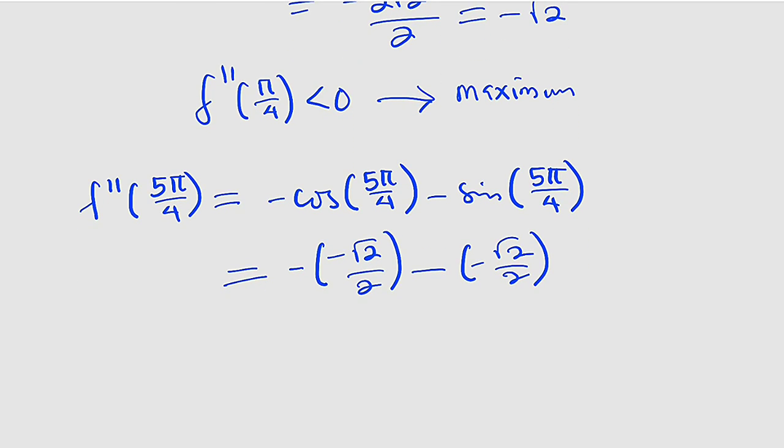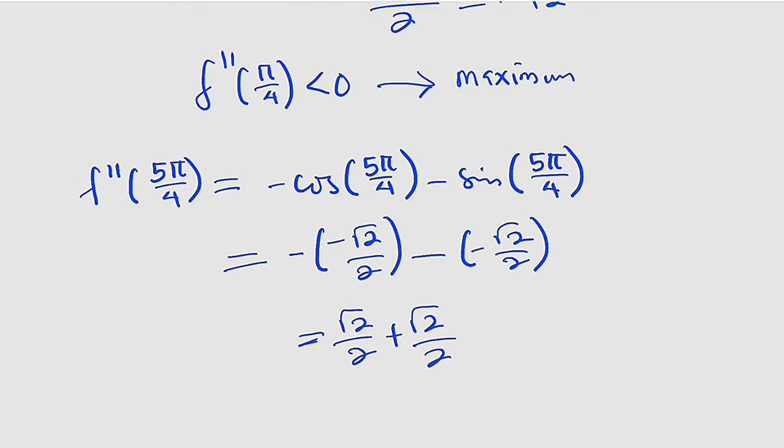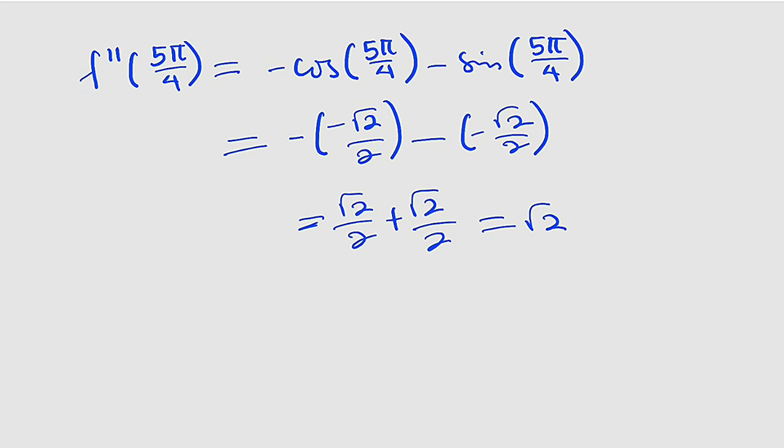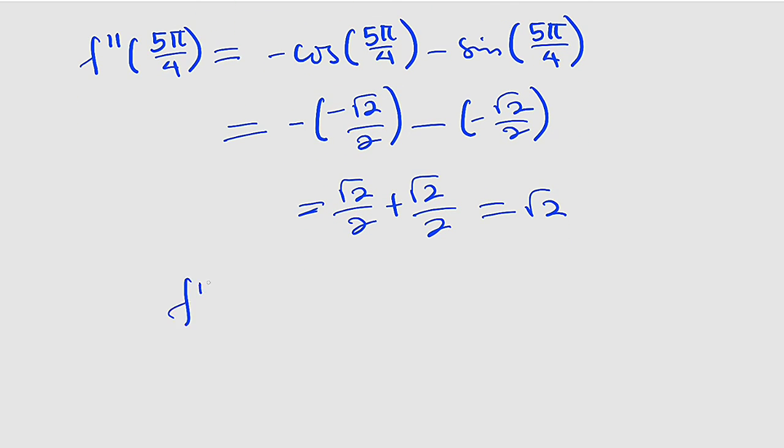In each case, you can see that these will be positive. So we have root 2 divided by 2 plus root 2 divided by 2. Altogether, we have 2 root 2 divided by 2, which is equal to root 2. And since this is positive, it implies minimum, and that's our point of interest. Therefore, f double prime of 5 pi divided by 4 is greater than 0, which implies minimum.